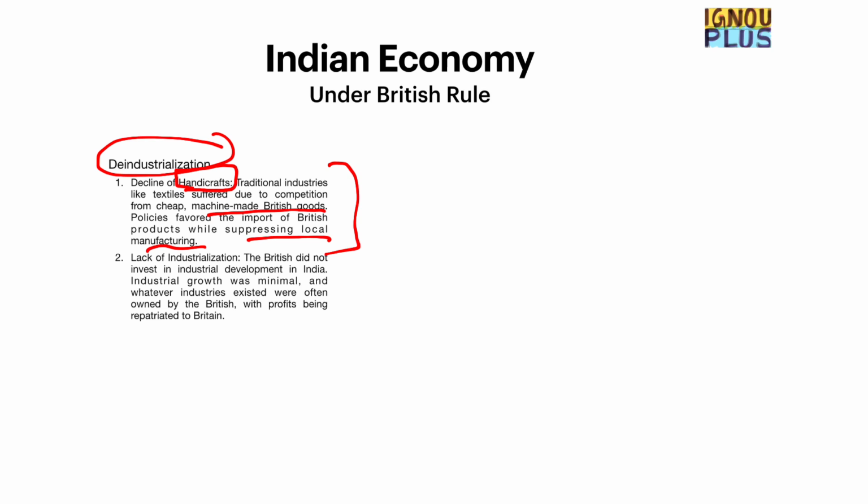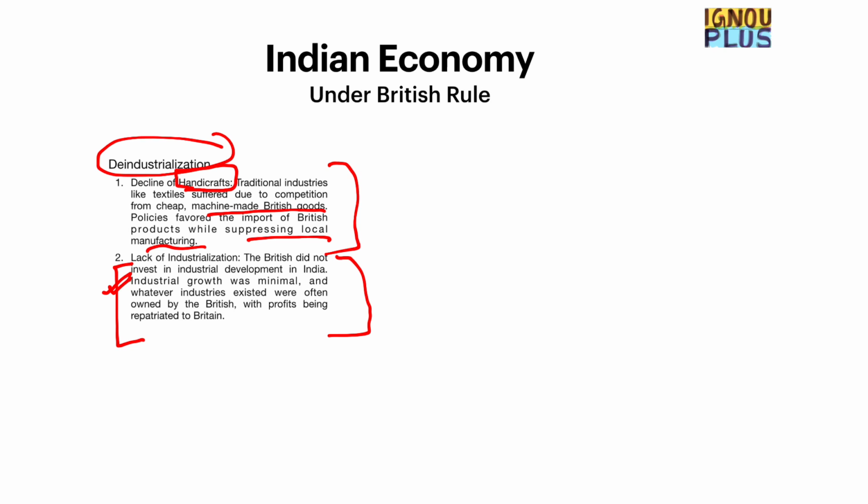Also, they did not invest at all in our industry in India in those days. Whatever money they collected from tax, they invested back in Britain, in the United Kingdom, so that they could industrialize the UK or England, and they just wanted to deindustrialize whatever colonies they had.